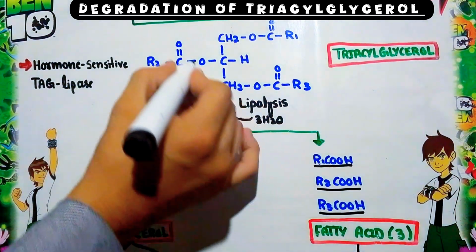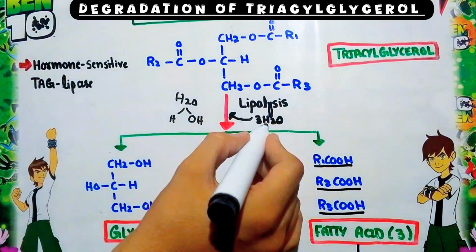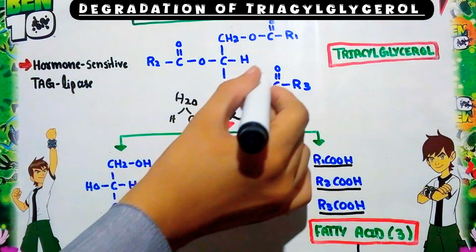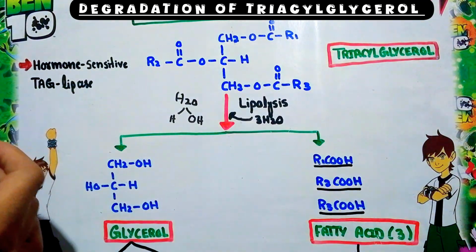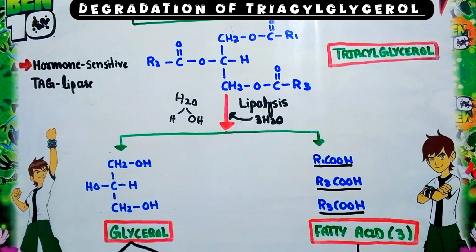The second water molecule will add here and break this ester bond. The same happens for the third carbon, where the third fatty acid is released. So finally we will get three fatty acids and one glycerol molecule.